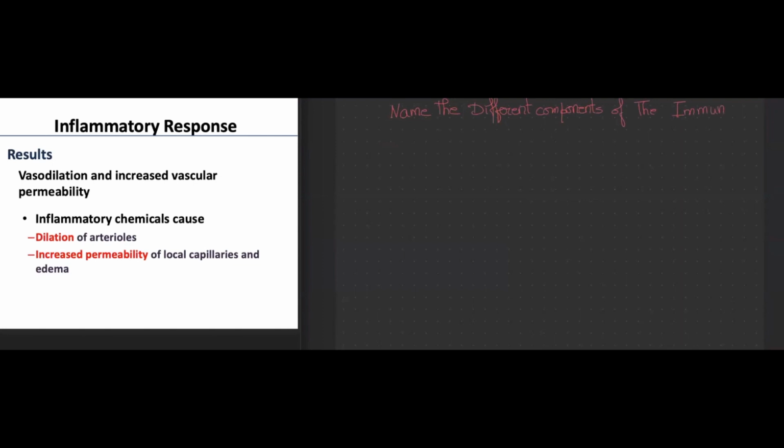All right, so again, please type down your answers. Mention the different parts of the innate immune system and the different parts of the adaptive immune system. Please type them down on the universal answer sheet that was attached to the announcement yesterday. And again, keep a soft copy of it with you so you can put all those documents together in one file that you're going to be submitting towards the end of the semester.